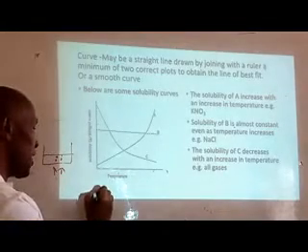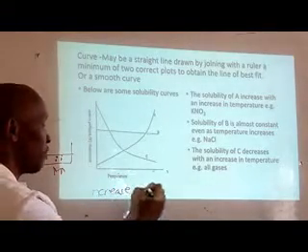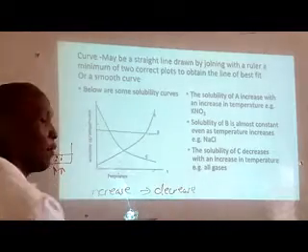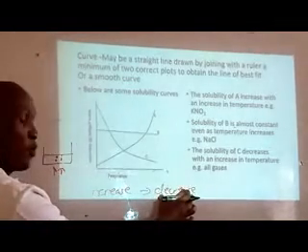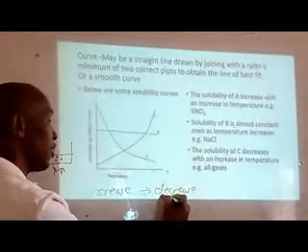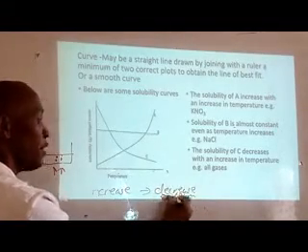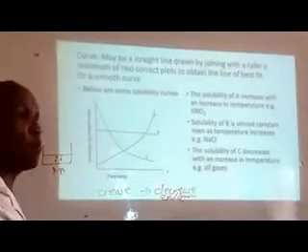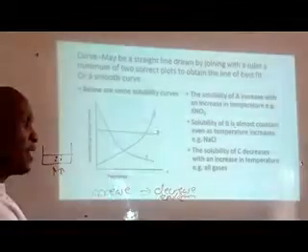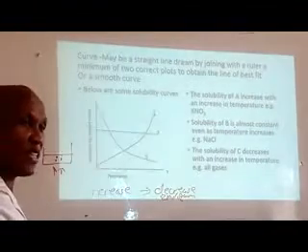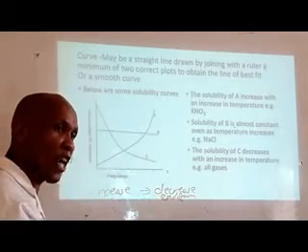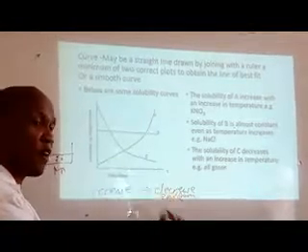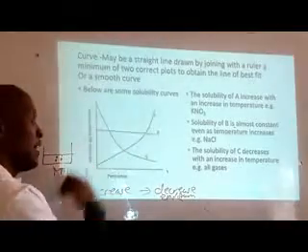So if you increase temperature, you favor the process that leads to a decrease in temperature. A process that leads to a decrease in temperature is endothermic. So an increase in temperature always favors endothermic processes. But we have just said that dissolving gases is always exothermic. So an increase in temperature will always favor the reverse process, less dissolving.